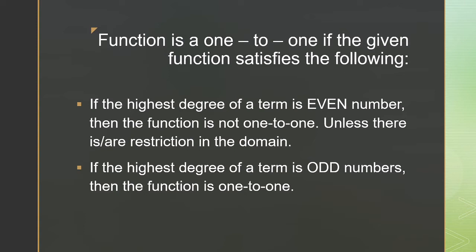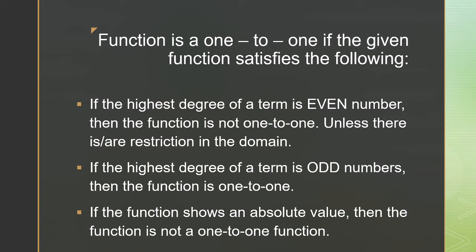For example, if we have this function 2x raised to 3 or simply 2x raised to 1, so therefore this function shows a one-to-one function. Next, if a function shows an absolute value, then the function is not a one-to-one function. When we say absolute value, these are the numbers na merong ganito.